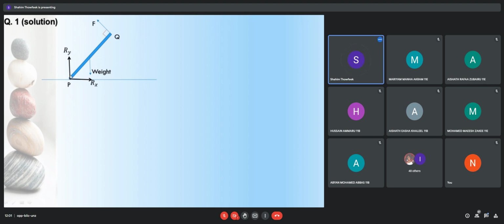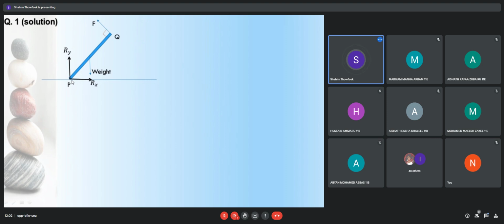Here, if we don't know the magnitude and the direction of a force, you can always show the components of the force. You just select one direction. This is Rx, the X component, and Ry, the Y component.